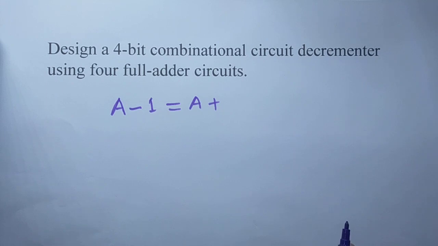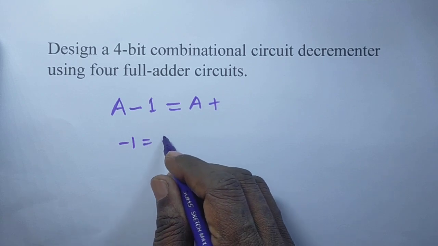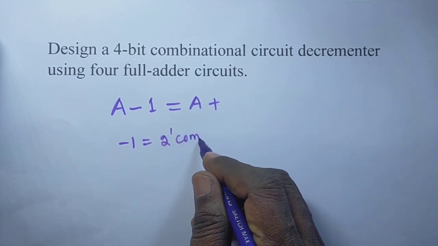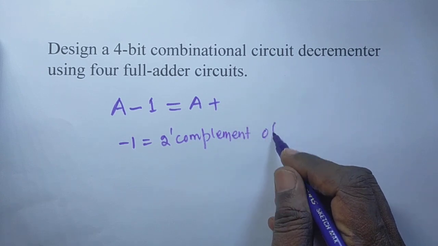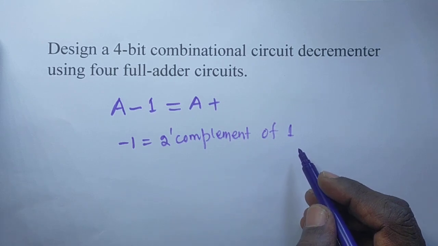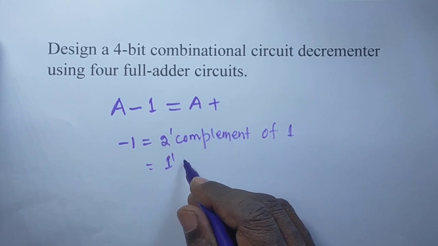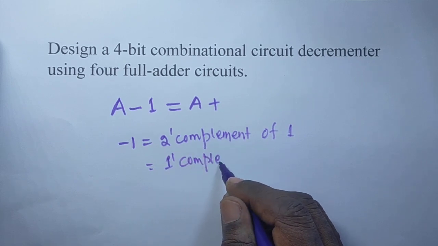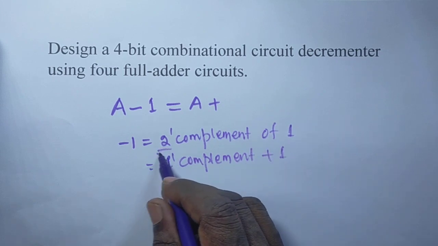What does 2's complement of 1 mean? It means 1's complement plus 1 is what we call the 2's complement.